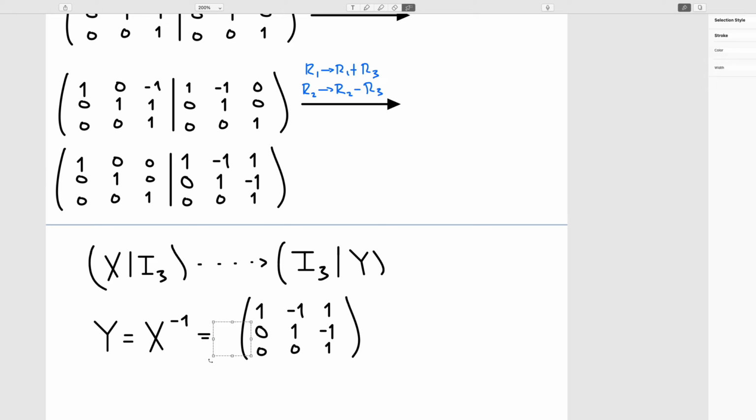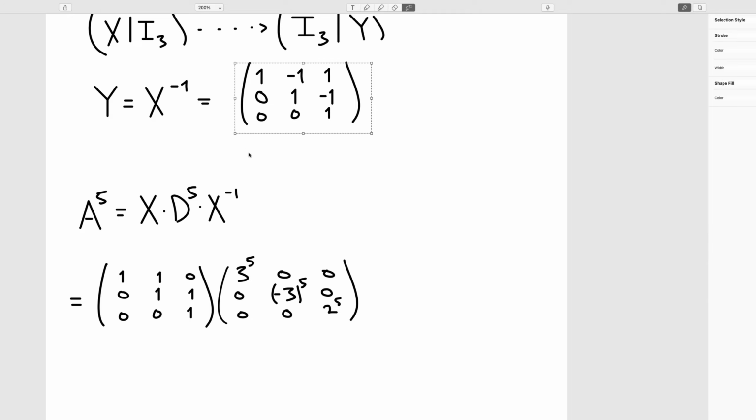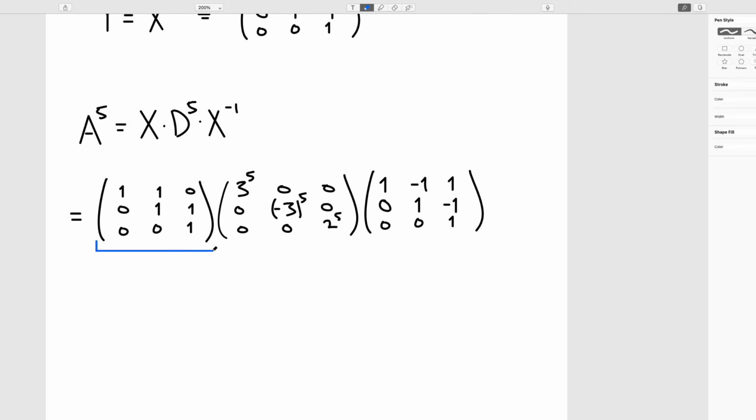So let's put everything together. So we have A to the 5th equals X D to the 5th X inverse. And that's just these matrices, which we calculated earlier. So that's X, D to the 5th, and X inverse. Okay, and now the only thing left to do, which is really tedious, is to multiply these out. Right, so I don't know if I want to do this.